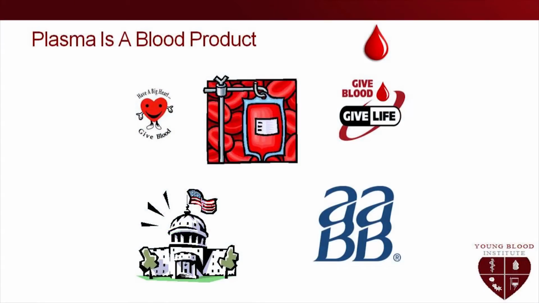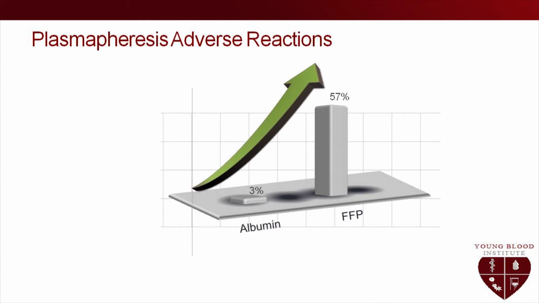So one option is obviously to give plasma back, taken from younger people, and that's an option. However, it's very complicated because it's a blood banking product, it gets regulations, and so forth. But I'm not that concerned. We can overcome that. The problem is that if you give plasma, and I've been giving plasma to people for 30 years, as you heard, we see a lot of side effects.